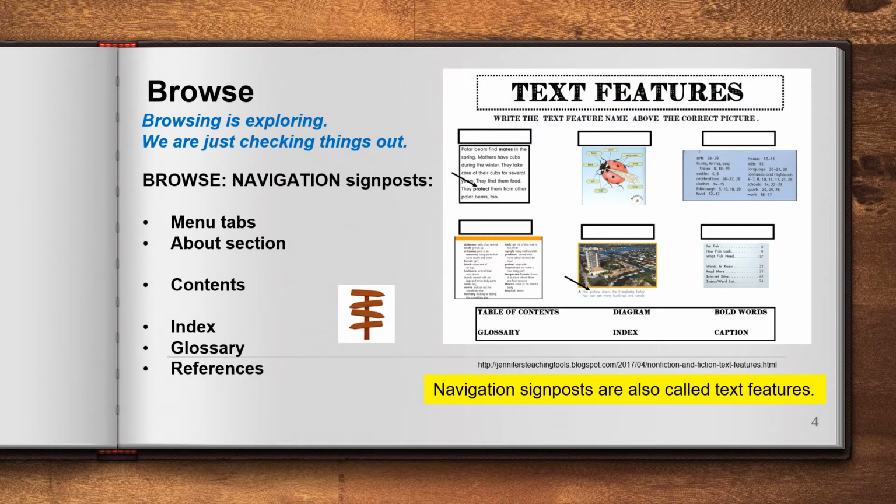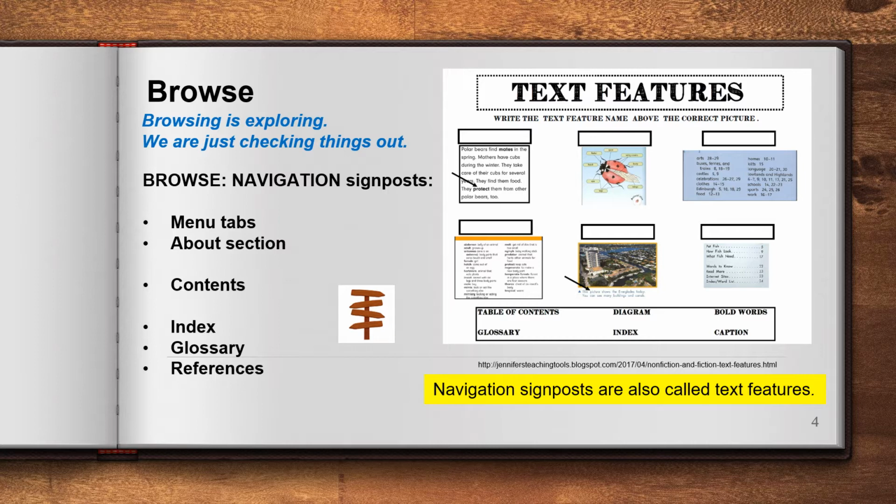So let's just take a little bit of a closer look at browsing. As I mentioned earlier, browsing is exploring. It's when we're just checking things out. So if you're on a website, the signposts that you'll see are the menu tabs, for example, and the About section. If you're browsing and flipping through a book and it's a non-fiction book, you'll see the contents page.